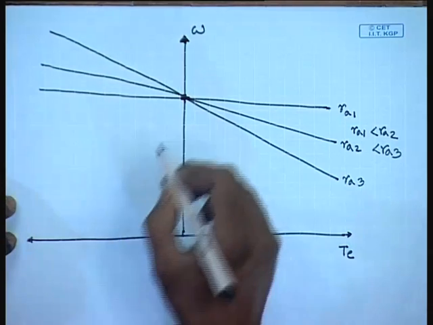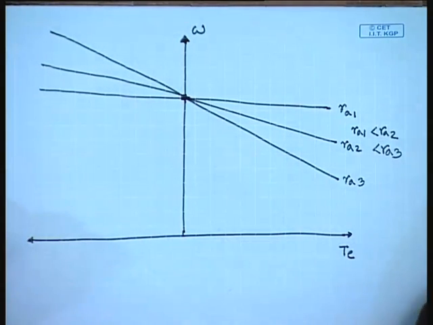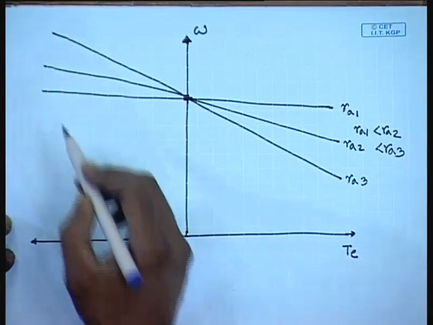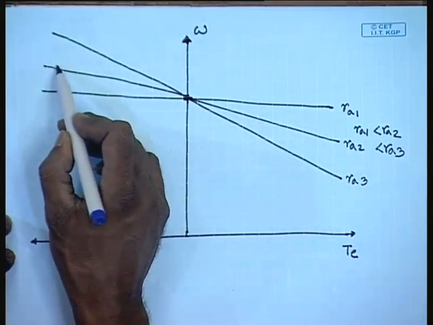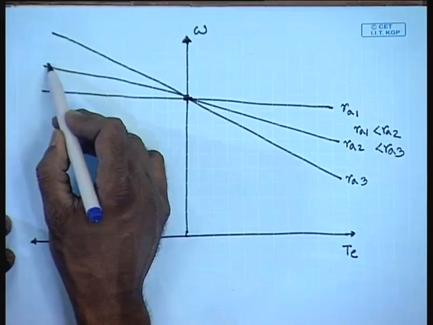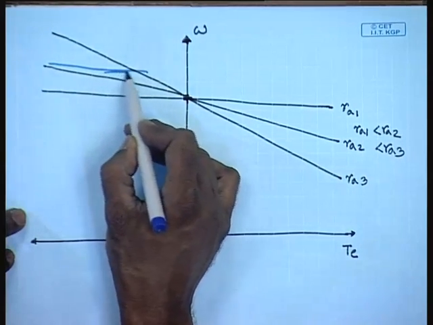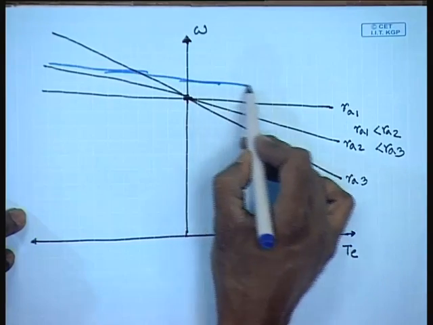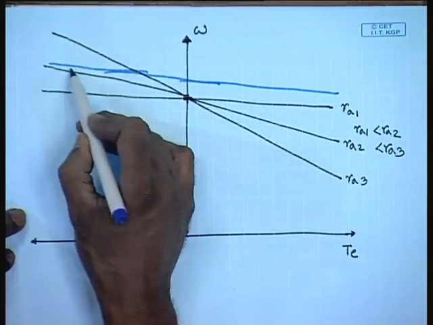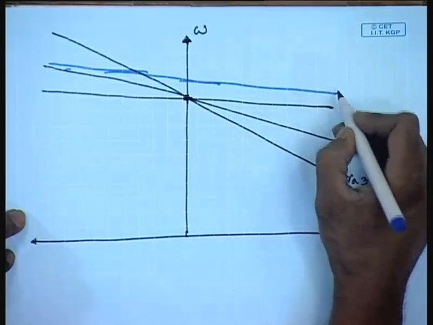Similarly, keeping the armature resistance constant at RA1, if we increase the armature voltage, then the torque speed characteristic shifts parallelly upward, its slope remains same.